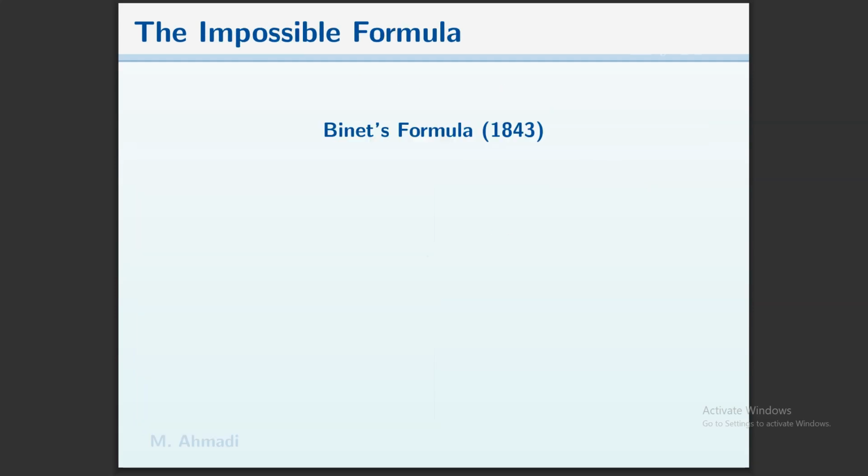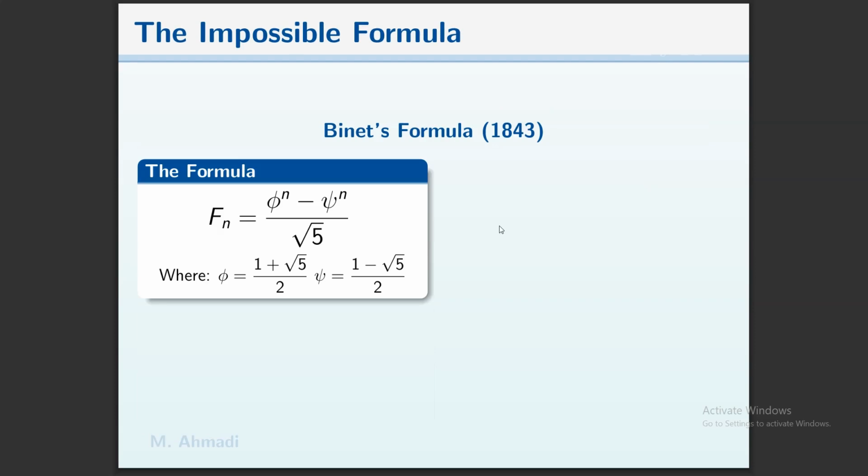In 1843, Jacques Philippe Marie Binet discovered a formula. The formula is Fn equals phi to the n minus psi to the n, over square root of 5, where phi equals 1 plus square root of 5 over 2 and psi equals 1 minus square root of 5 over 2.